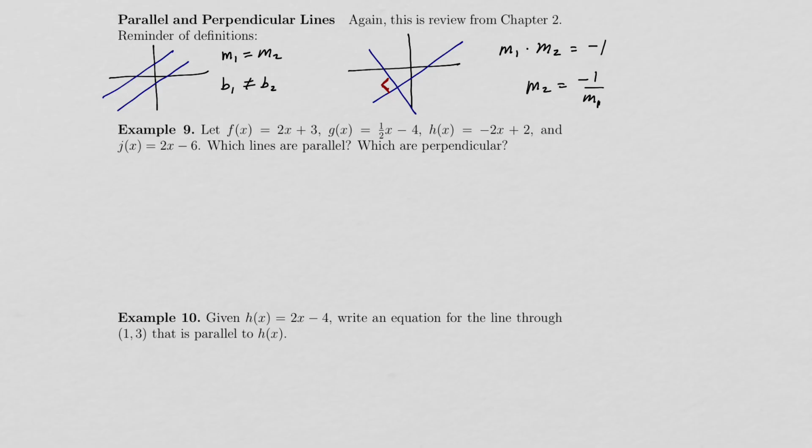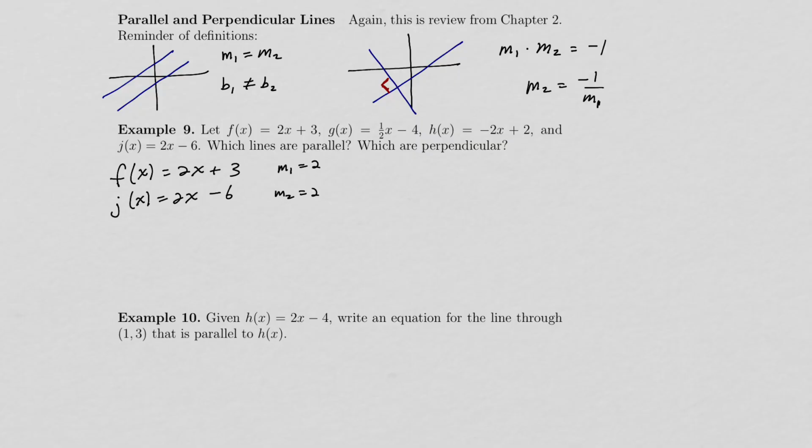Because f of x is equal to 2x plus 3. j of x is equal to 2x minus 6. So in this case, m1 is 2. In this case, m2 is also 2.